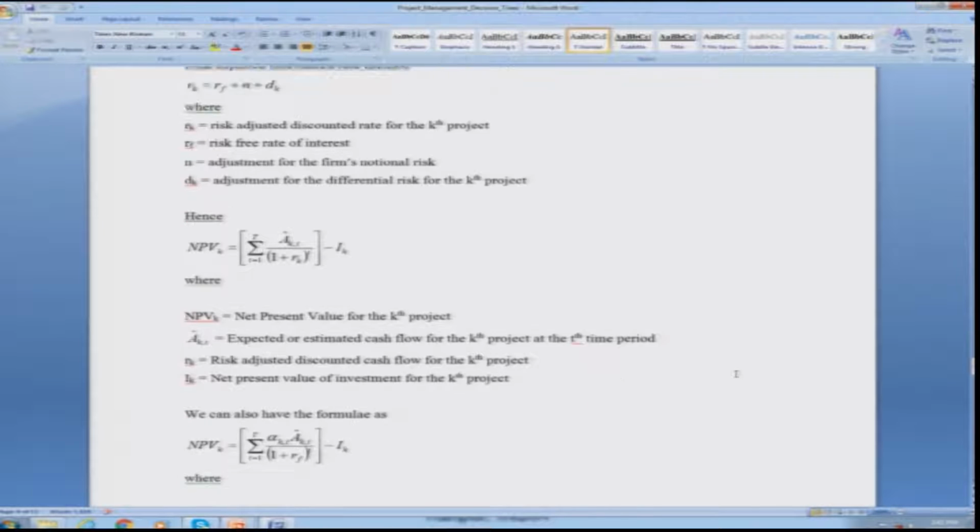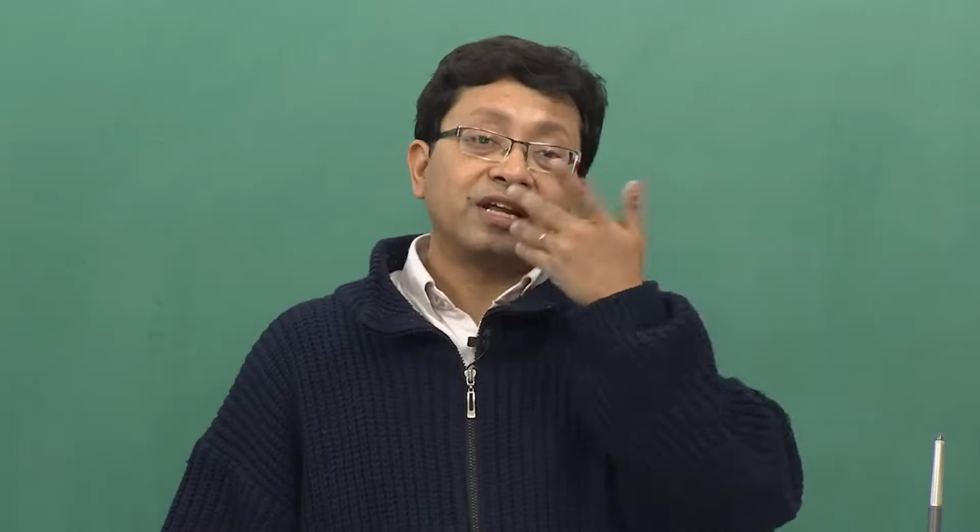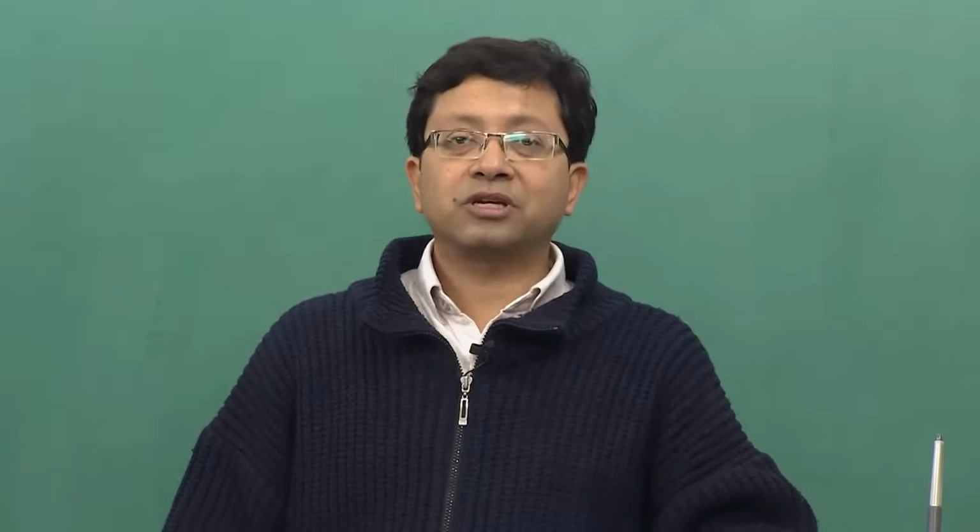Now we can formulate the problem accordingly, where the net present value or NPV is calculated by multiplying the overall payback by a value of alpha k t. The alpha k t, where k is the project and t is the time period, is basically the weightage you put on the first project, second project, third project, for time period t equal to 1, 2, 3, 4 accordingly.